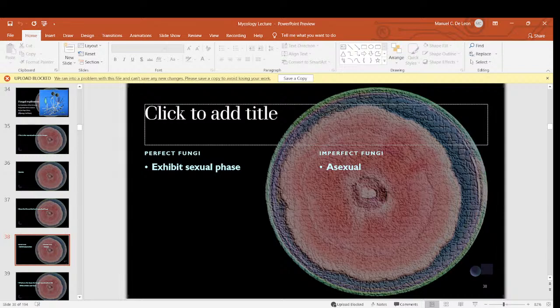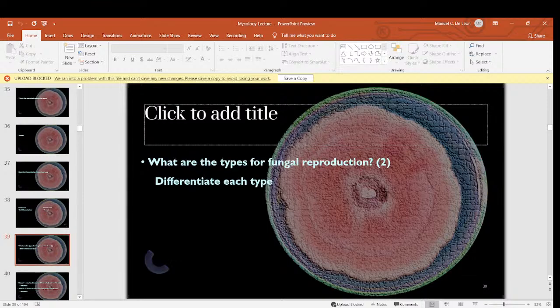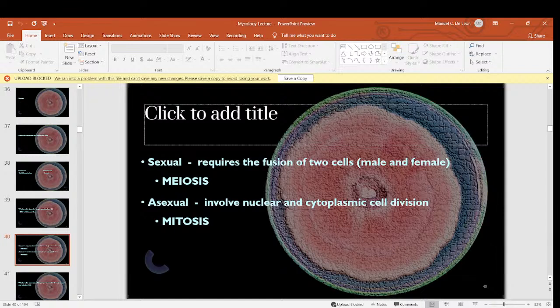Another one is the imperfect fungi. These are the ones that produce spores by either binary fission or other things that we will discuss in the upcoming slides. All right. So what are the types of fungal reproduction? Fungal reproduction is divided into two types, as I mentioned before.